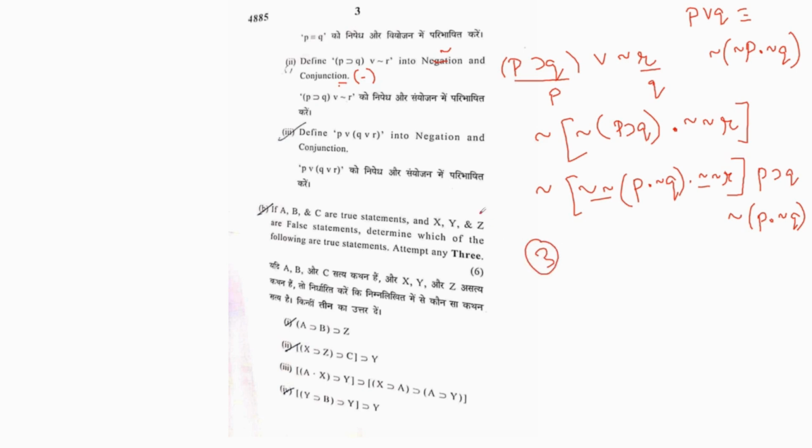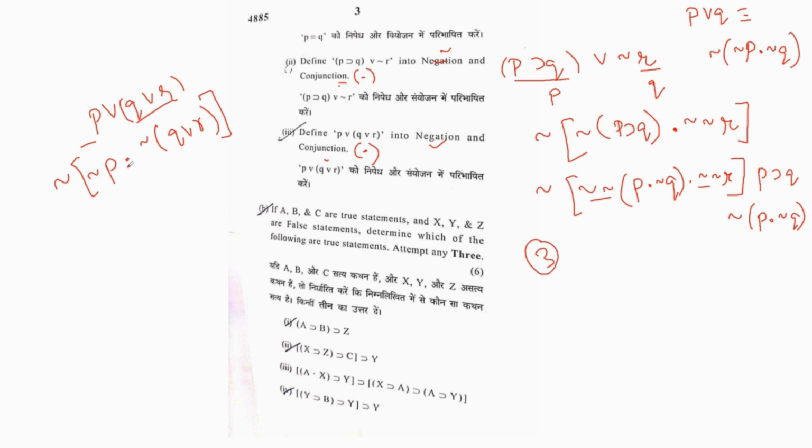In the third question you have to define this term into negation and conjunction. The expression is P wedge Q wedge R. You can assume this as P and this as Q, and use the formula negation of negation P dot negation Q, wedge R. Again we are using the De Morgan formula here.